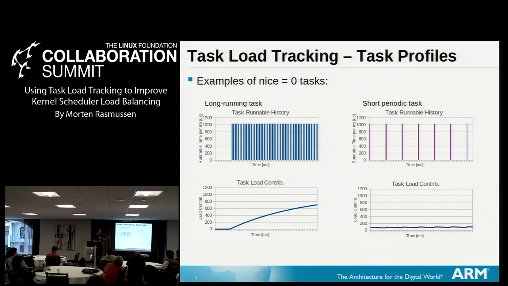So now we'll be running for 2 milliseconds every 10 milliseconds. And that means that the tracked load will actually be twice as high because it's runnable for twice as long per 10 milliseconds.